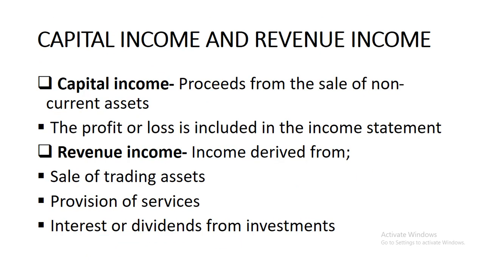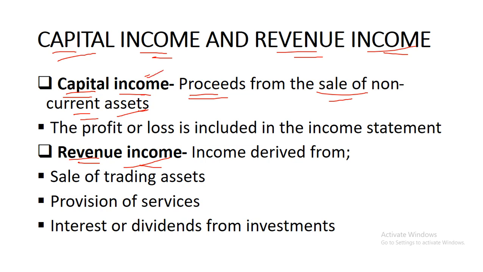Okay, so now there's also what we call capital income as well as revenue income. Again, here you need to be able to make a distinction between capital income as well as revenue income. So what is capital income? So capital income, these are proceeds from the sale of non-current assets. So remember, capital expenditure relates to purchase of non-current assets.